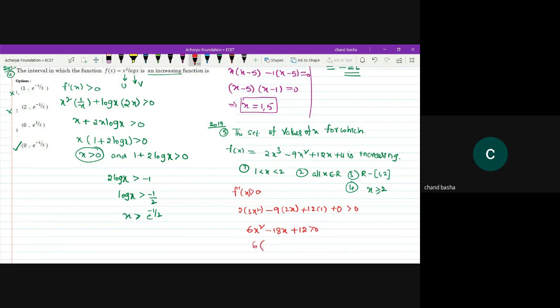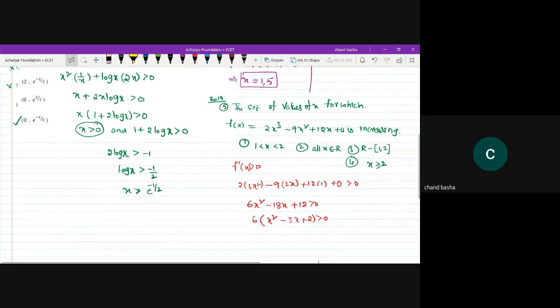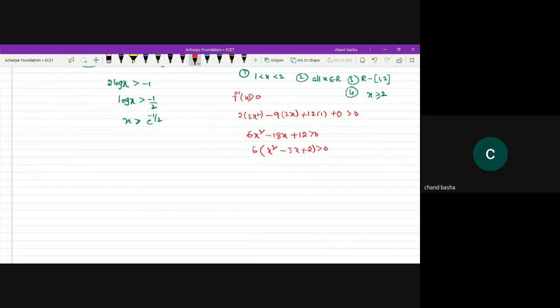Take 6 as common: x square minus 3x plus 2, which is greater than 0. Now take the factors, x minus 1, x minus 2, which is greater than 0.